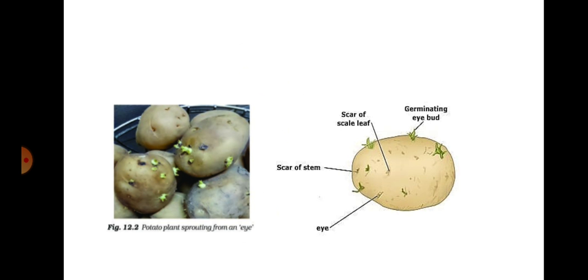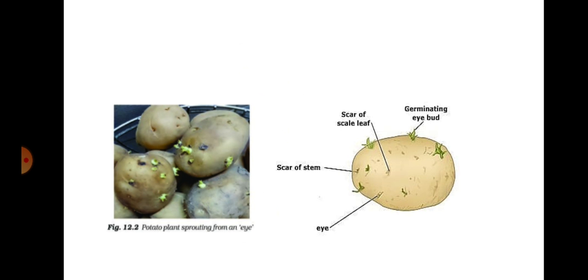For example, potato. You see the potato pictures, the outgrowths are seen. These outgrowths are called eyes. A small scar of the stem first produces a scar, then the scale leaf is produced, then the germinating eye bud is formed.